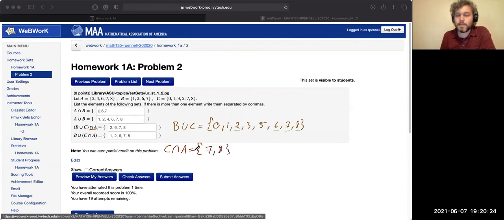They have 8 in common. So I can say that C intersect A must be 7 and 8. Now I add in any elements in B to this set. So I have 1, 2, 6, 7, and then I also have 7 and 8. So I believe it would be 1, 2, 6, 7, and 8 in that total set. Okay, that's my process. That's how I did solve the problem. I hope that makes sense. I hope that will help you.